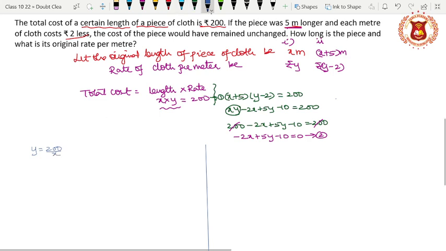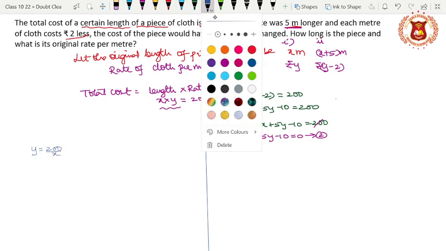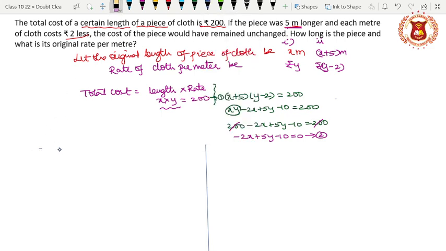From the first equation we can say y is equal to 200 by x, right? Now substitute this y is equal to 200 by x in equation 1. Therefore equation 2 will become what here?